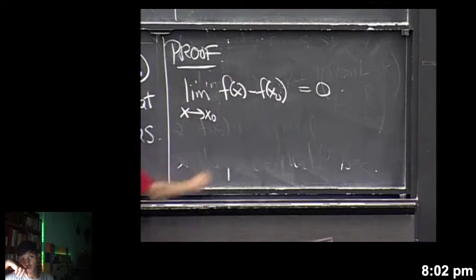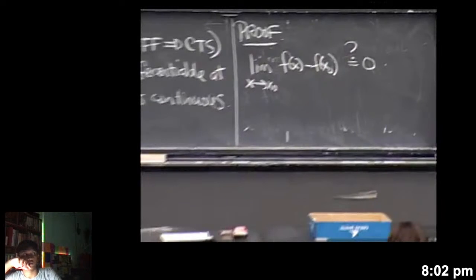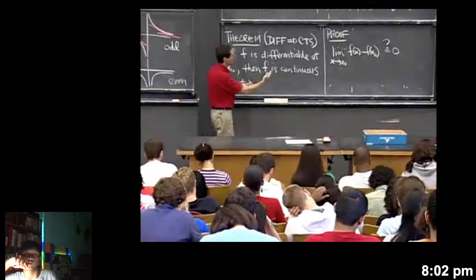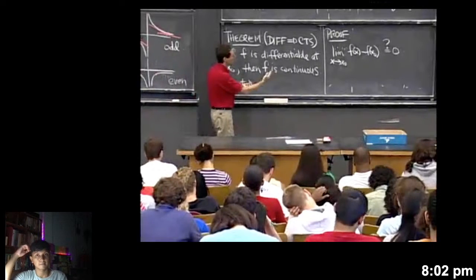That's the same as the statement that the function is continuous, because the limit of f of x is supposed to be f of x0. And so this difference should have limit 0.